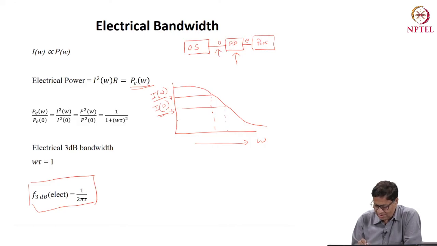This is the electrical bandwidth, and this is the optical bandwidth.